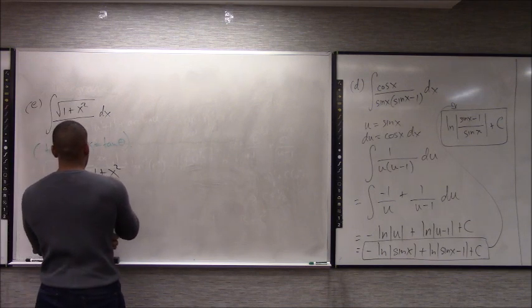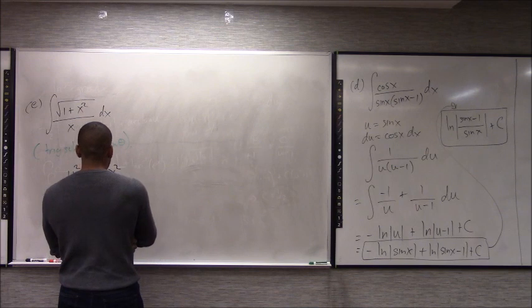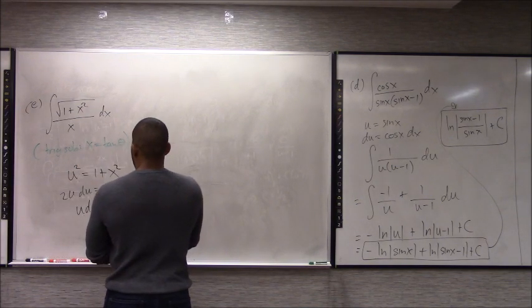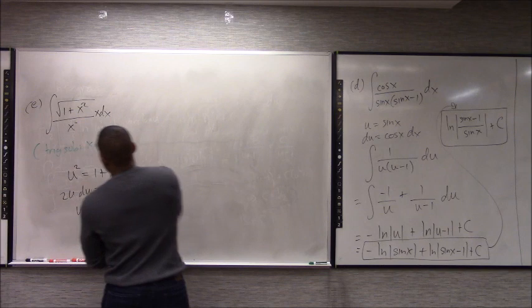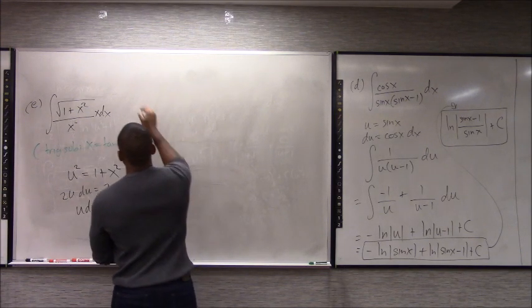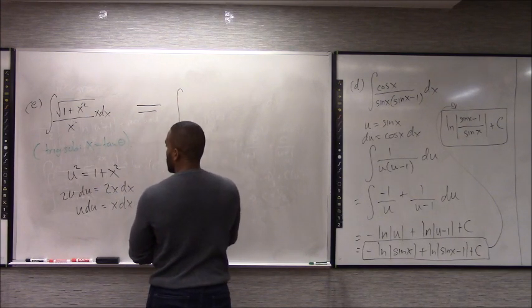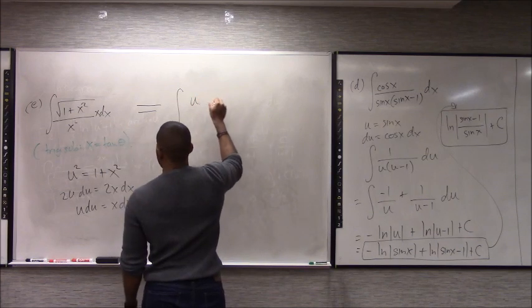2u du is equal to 2x dx, so your u du equals x dx. And how would I get that to work? Well, then put an x here, multiply and divide by an x, that doesn't change the value of the function. So now this becomes the integral of, u is going to be the radical of this, so that's just a u.